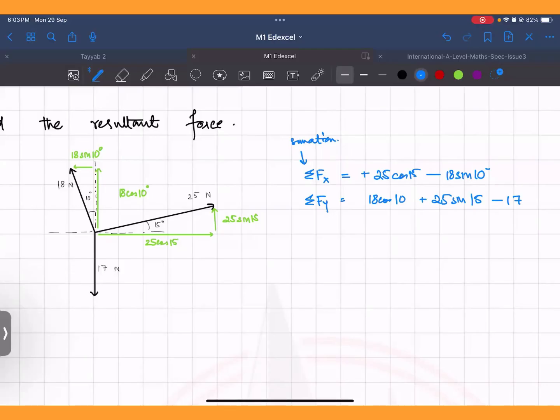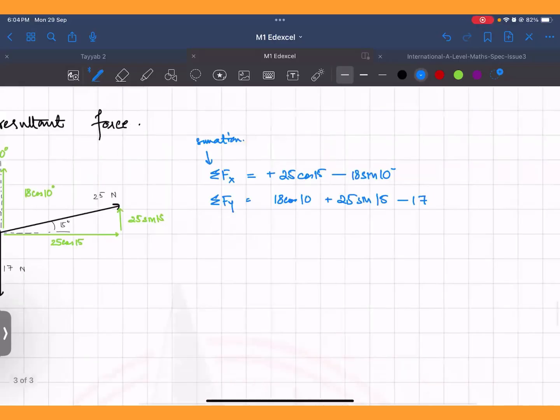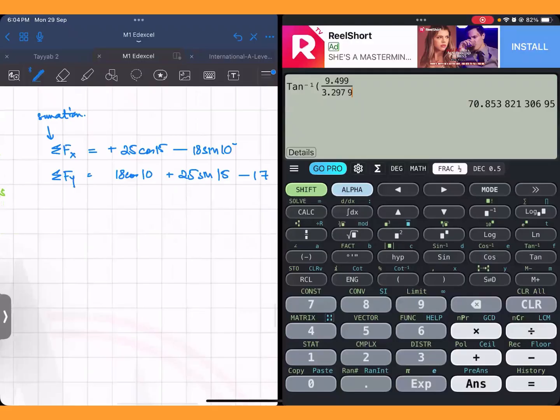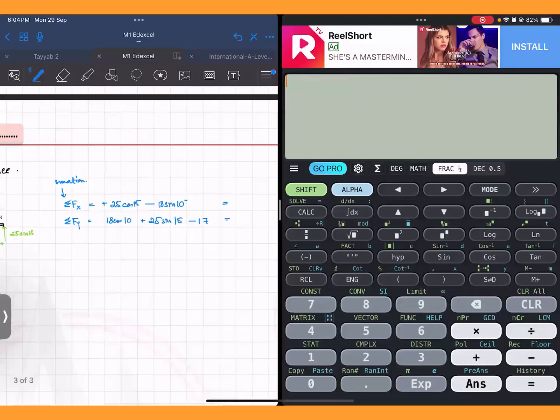Okay, and then you would use a calculator. 21.02 Newton, and this one would be 18 cos 10 plus 25 sine 15 minus 70, 7.19.